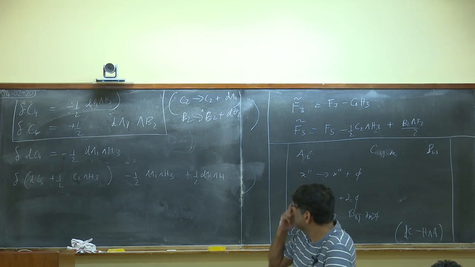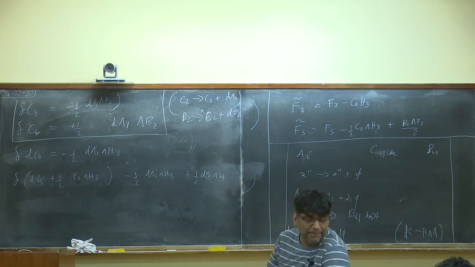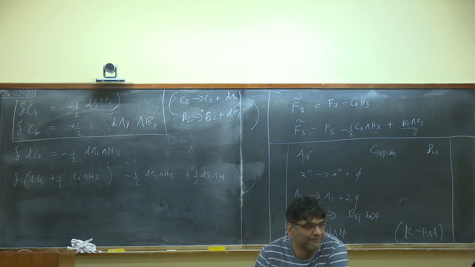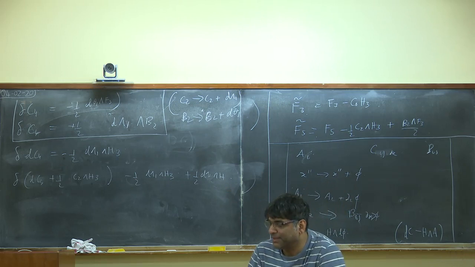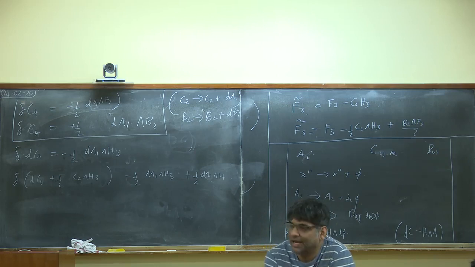Notice that these gauge transformation rules of this F are completely democratic. Notice that in type 2B theory, we have a scalar from the NS-NS sector and a scalar from the Ramond-Ramond sector. We have a 2-form from the NS-NS sector and a 2-form from the Ramond-Ramond sector.